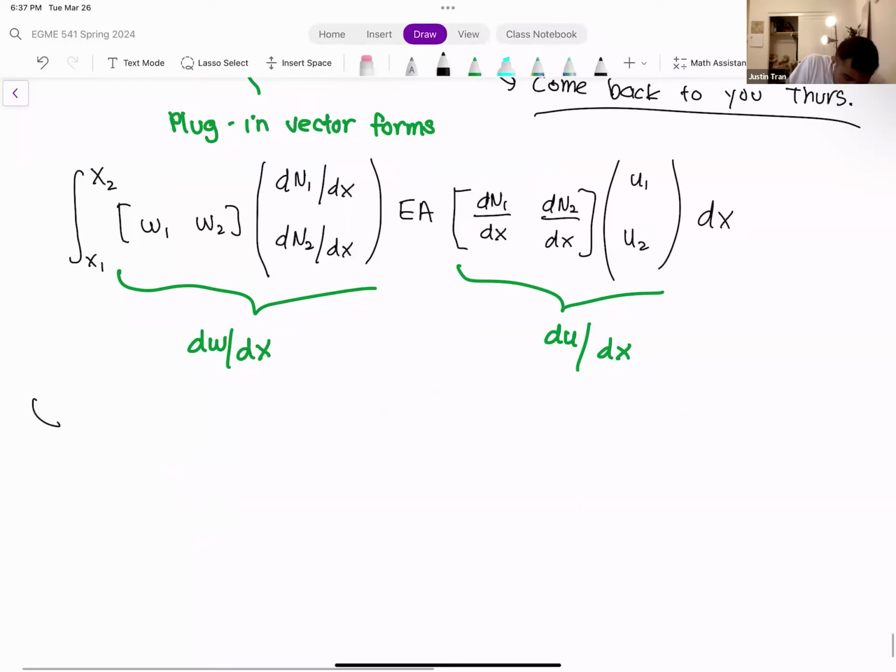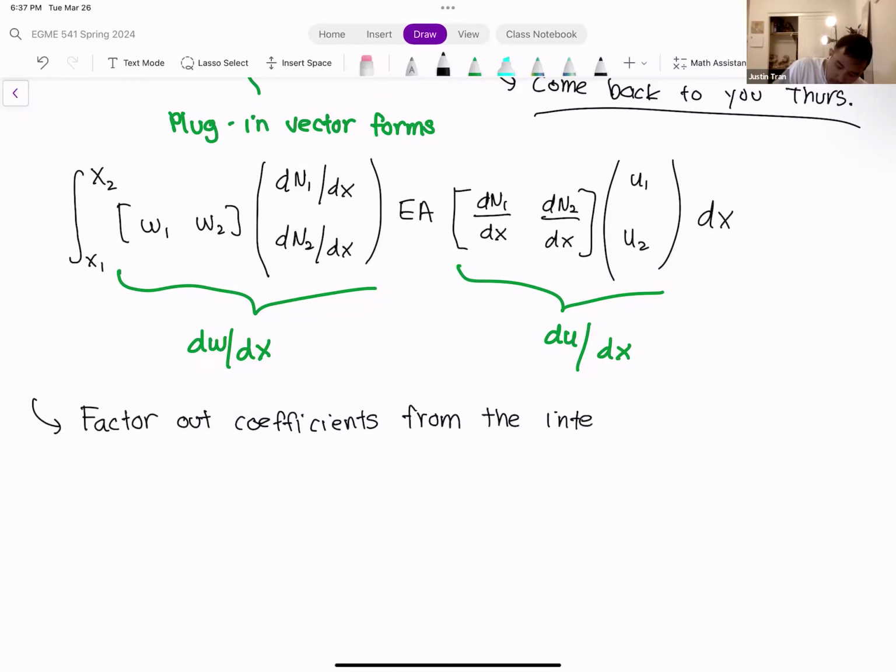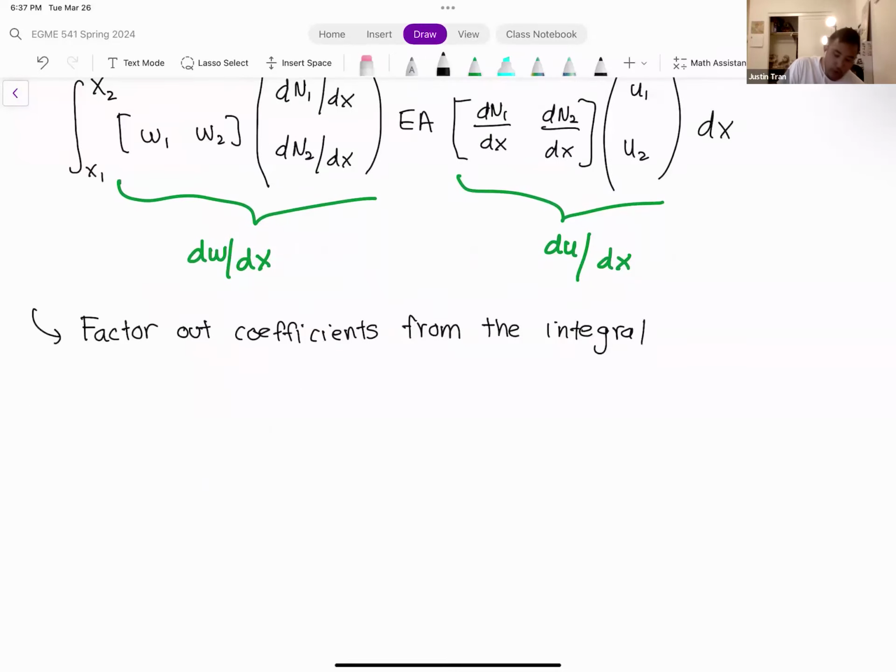From this form, because the coefficients w1, w2, u1, u2 are all constants and don't depend on x, we can factor them out of the integral. If we do that, we get w1, w2 multiplied on the outside of the first integral.